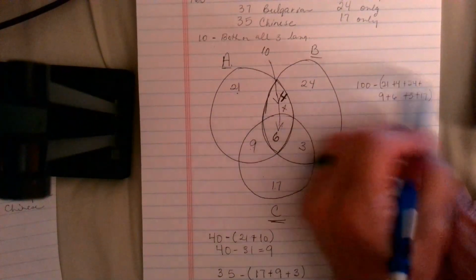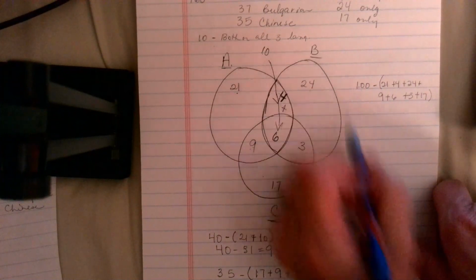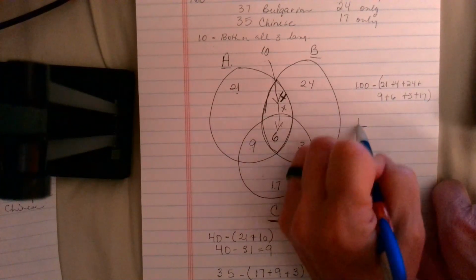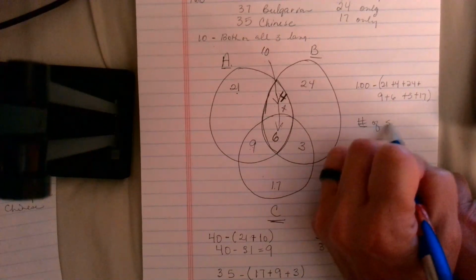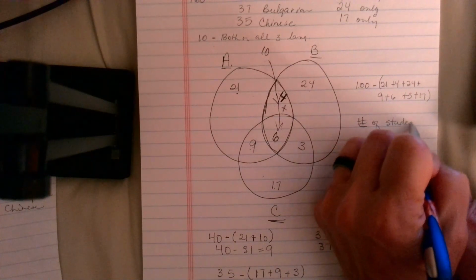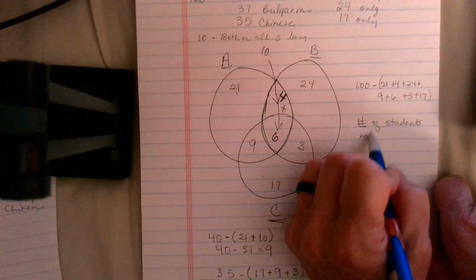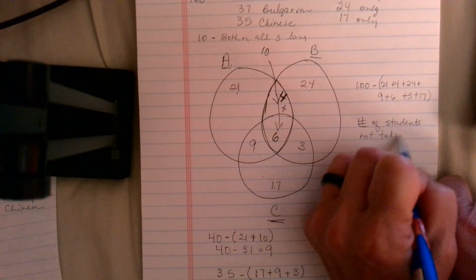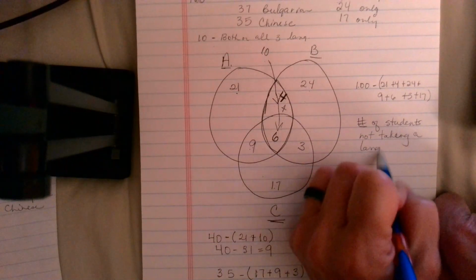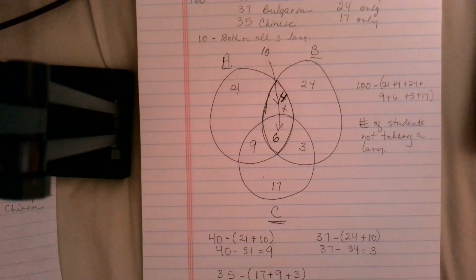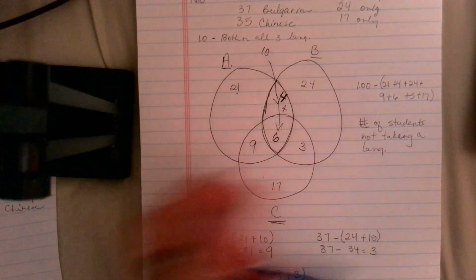So when I add these up and subtract them from 100, that tells me the number of students not taking a language. So that's how you would figure out this problem.